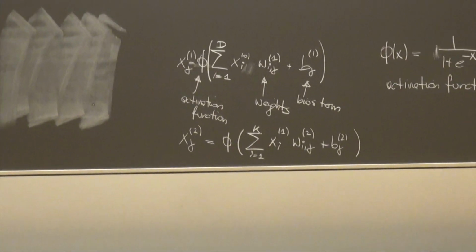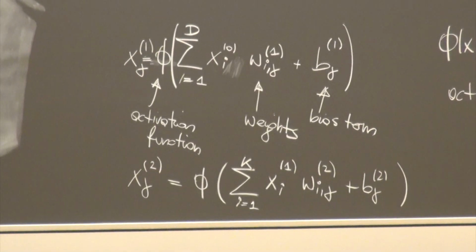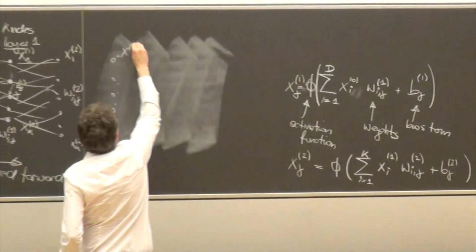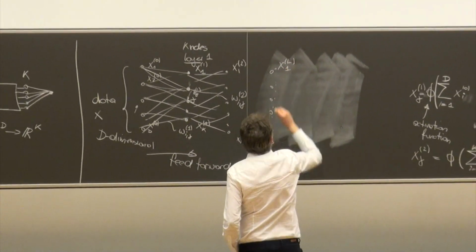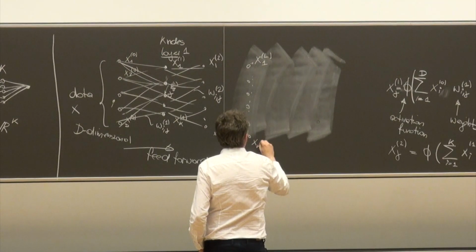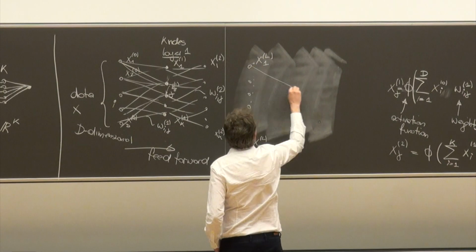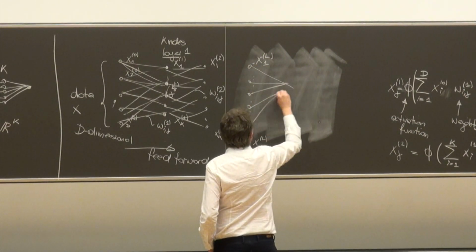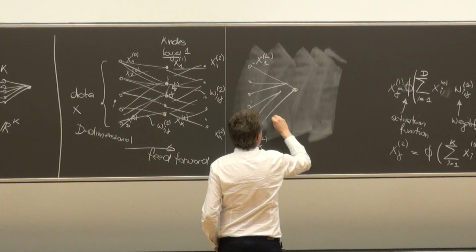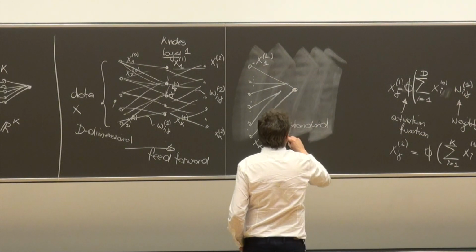Okay, so you go on, and you will go on up to whatever level you have. Maybe the last level is called level L, and you have x1 up to xk of L. And after that, let's assume it's the last internal layer, you simply have your standard linear classifier.